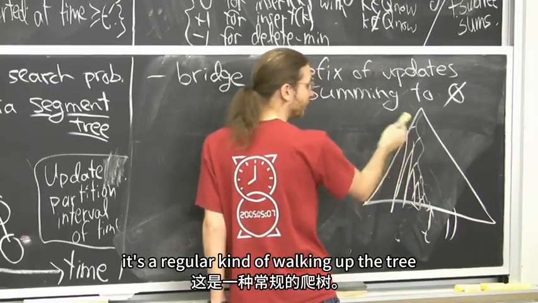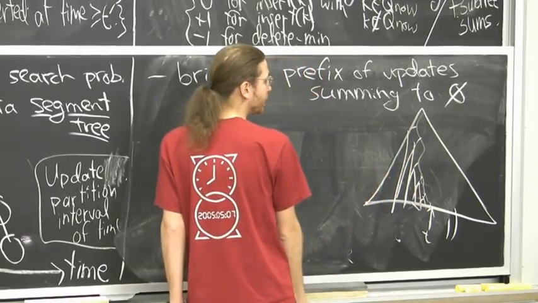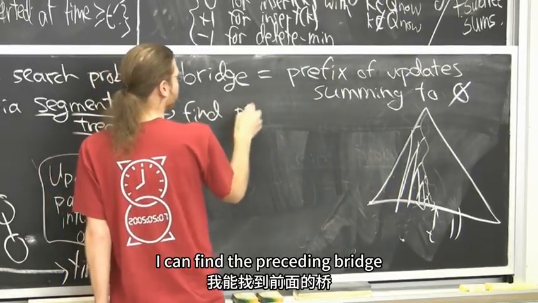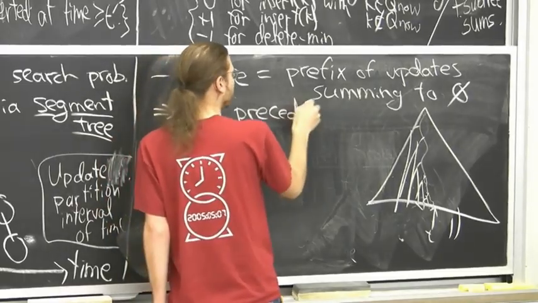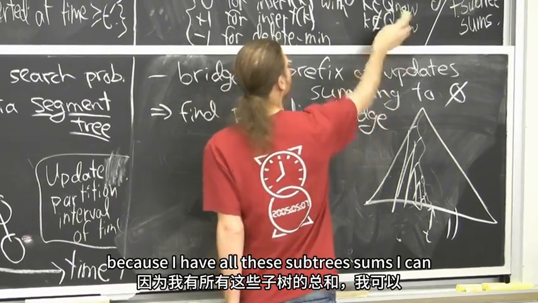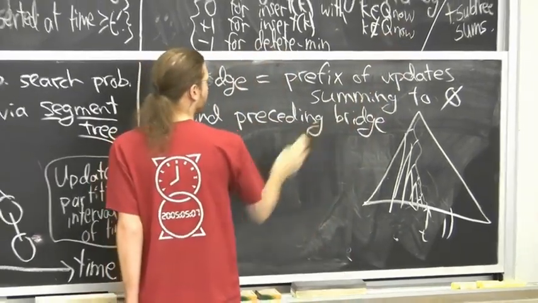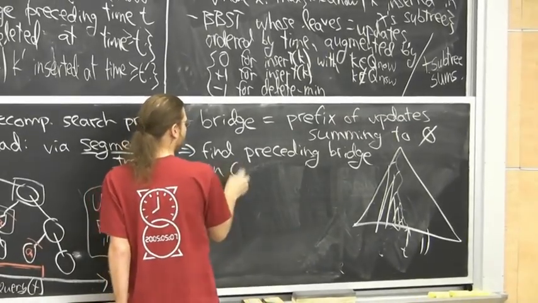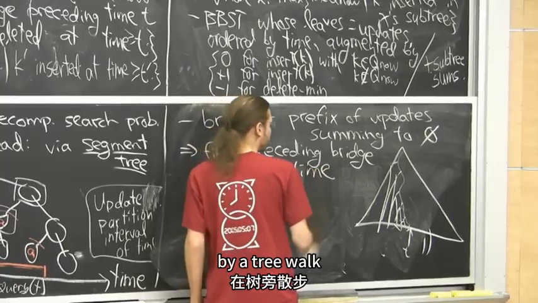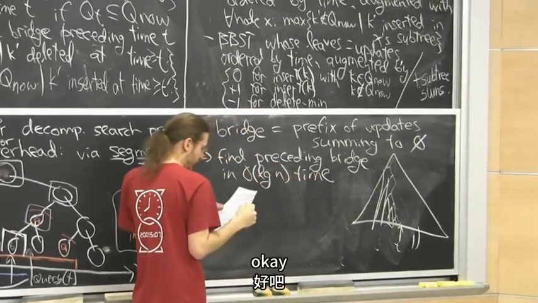It's a regular kind of walking up the tree. So in log n time, I can find the preceding bridge. Because I have all these subtree sums, I can do that by a tree walk. Okay.